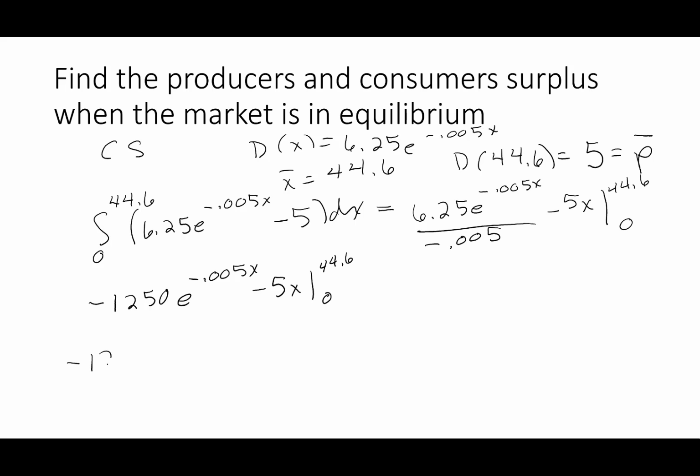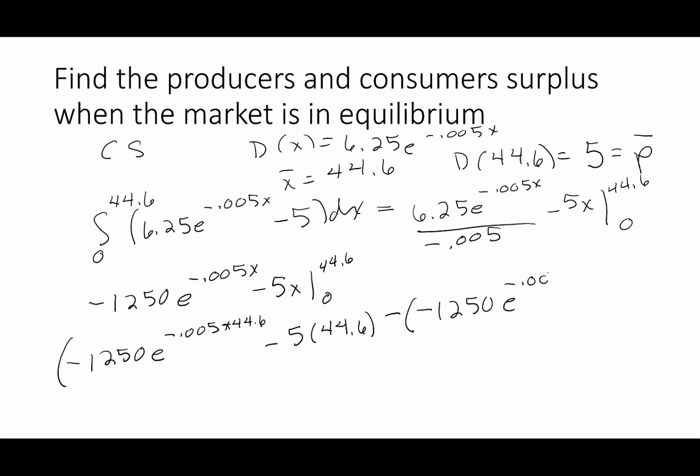So I'm going to put in negative 1,250 e to the negative 0.005 times 44.6 minus 5 times 44.6, minus parentheses negative 1,250 e to the negative 0.005 times 0 minus 5 times 0.